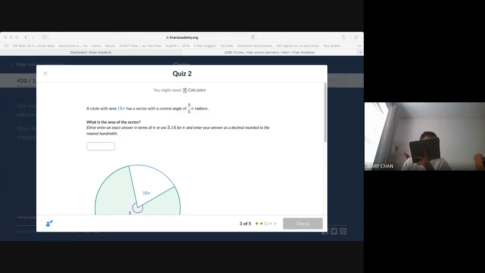So a circle with area of 16 pi has a sector with a central angle of 8/5 pi radians. So Preston, again, which formulas are you going to be using from what I've talked about today? Are you going to use box 1, 2, 3, 4, or 5?